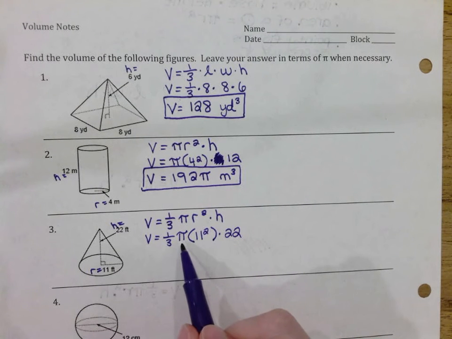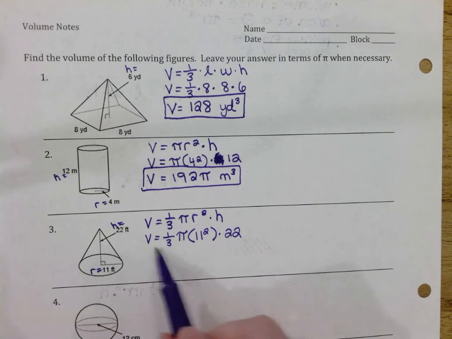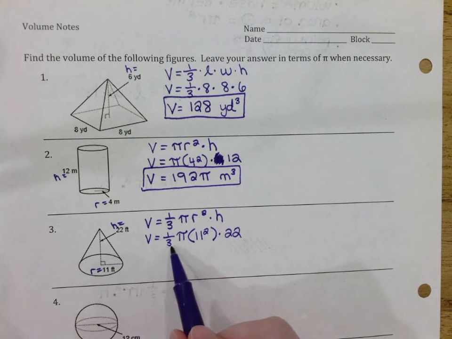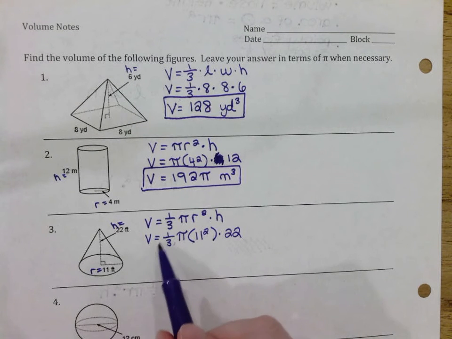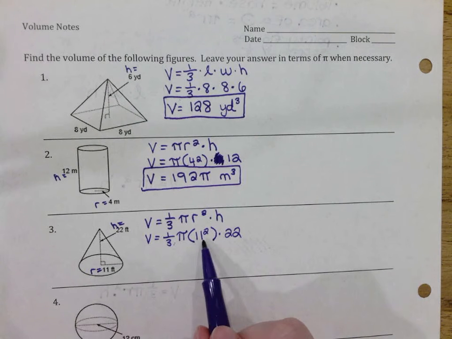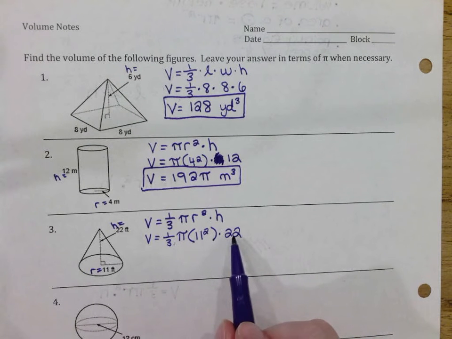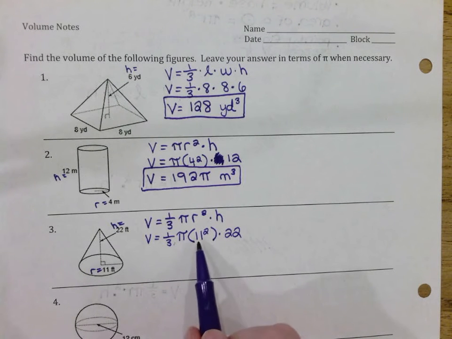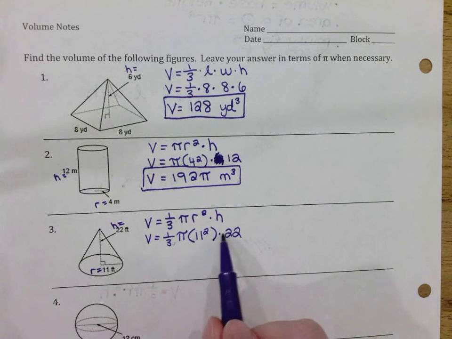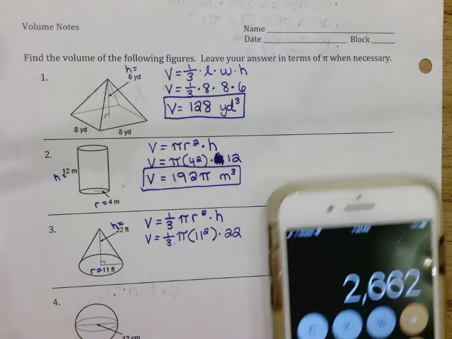So I'm going to ignore pi for now until the end. I have this 1/3 out in front. I'm going to leave that until later because I know I want to end up dividing by 3. So I'm going to start by doing 11 squared times 22 in the calculator. So our first step is 11 squared times 22. So go ahead and do that. 11 squared times 22, and that gets us 2,662.